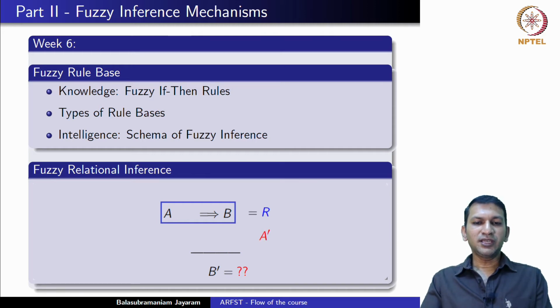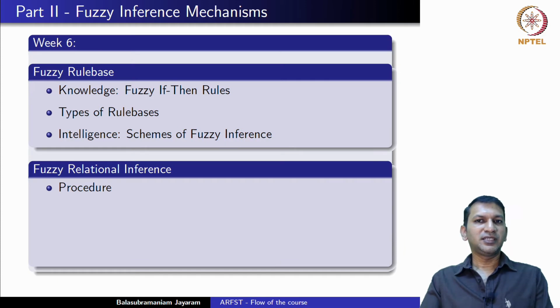Then, using the given input A dash, we obtain the output B dash as a composition of A dash with the obtained relation R. Of course, this is in a nutshell what we do, but as they say, the devil is in the details. So we will look into the procedures that enable us to do this fuzzy relational inferencing.